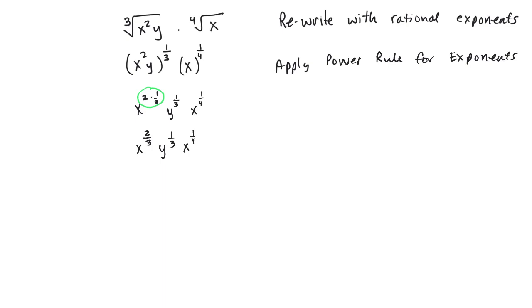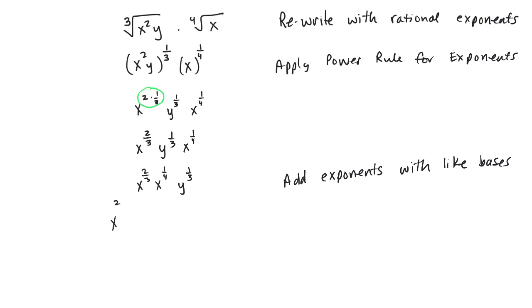Next, I get to add exponents with like bases. So I've got x to the 2/3, x to the 1/4, so I get to add exponents with like bases. So I'll have x to the 2/3 plus 1/4 and y to the 1/3.